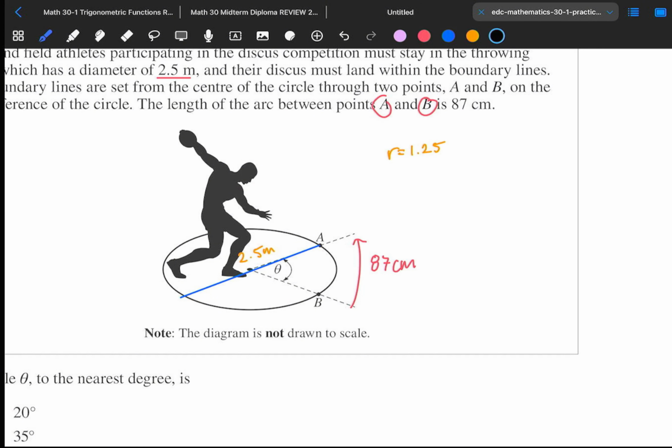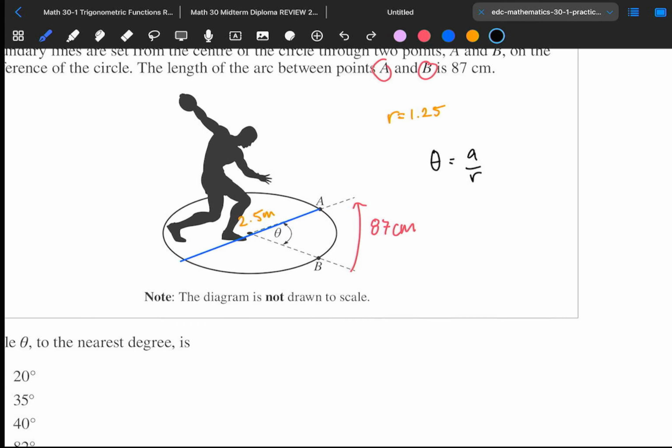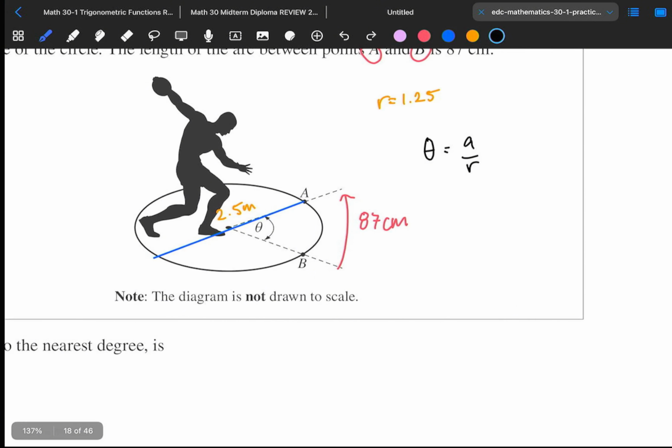Now you can toss this into your arc length formula, which is theta equals A over R, where our arc length is 87 centimeters. But remember, we want the same units here. You can't use centimeters with meters. That's crossing units. It doesn't work like that. So you have to convert one to the other. I'm going to say 87 centimeters, and we're going to use dimensional analysis here.